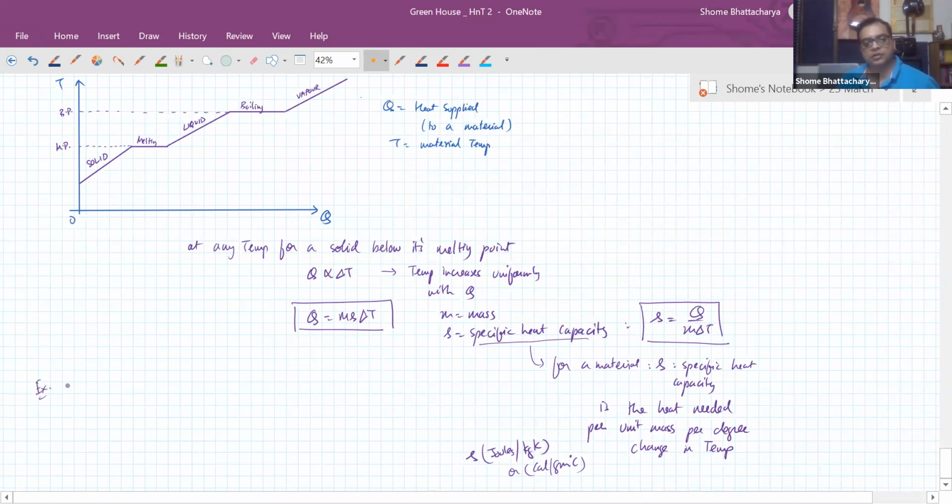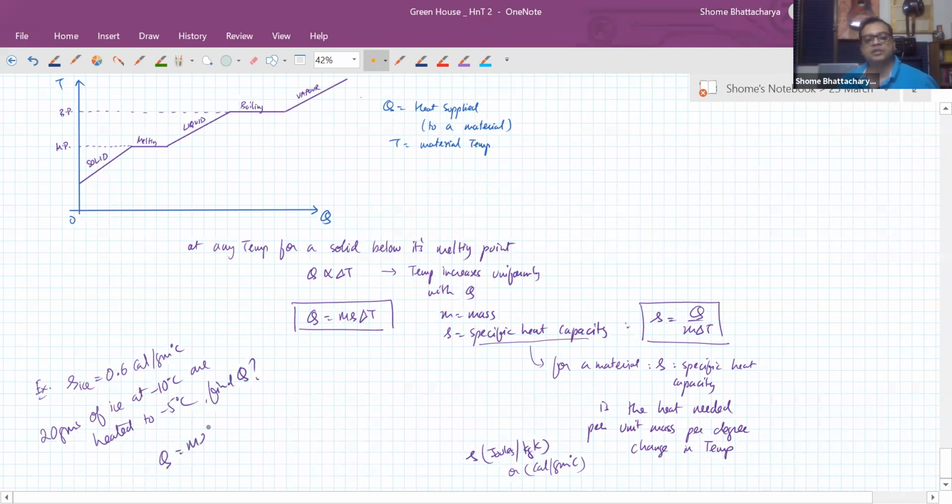For example, if the specific heat capacity of ice is 0.6 calories per gram degree C and 20 grams of ice at minus 10 degrees C are heated to minus 5 degrees C, you want to find the amount of heat supplied.